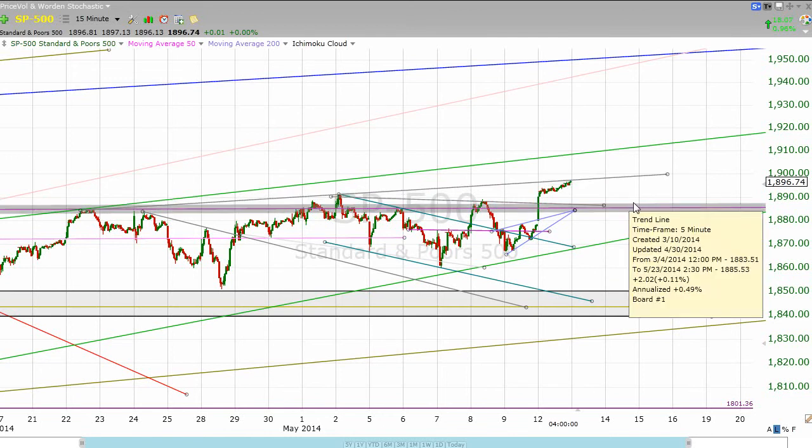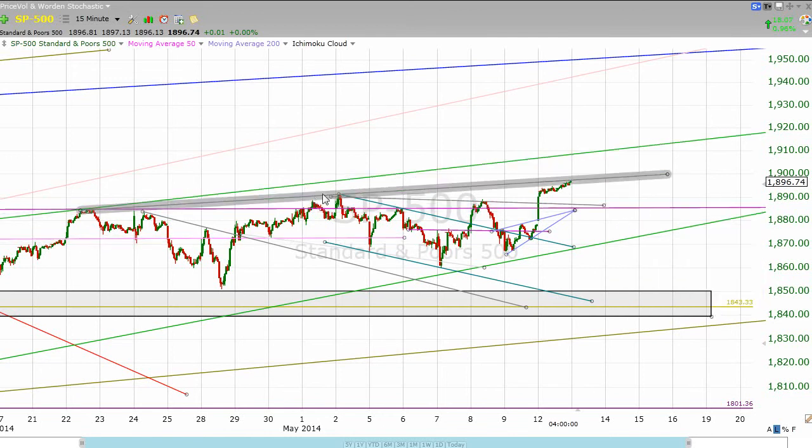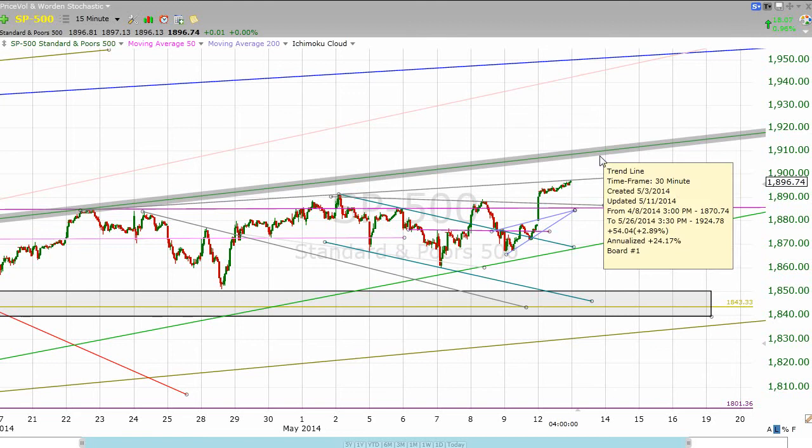I still think that we've got a good chance of coming up and at least tagging this green line, and it's my hope.